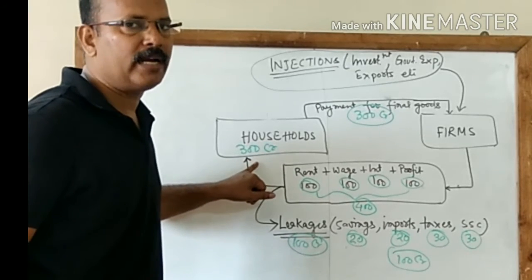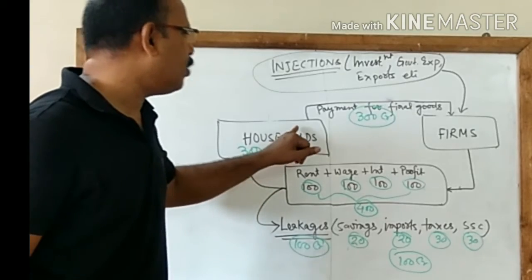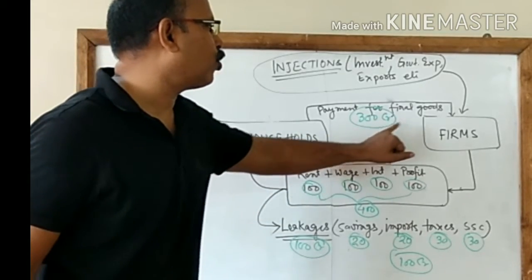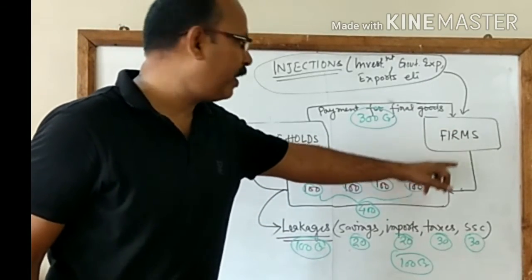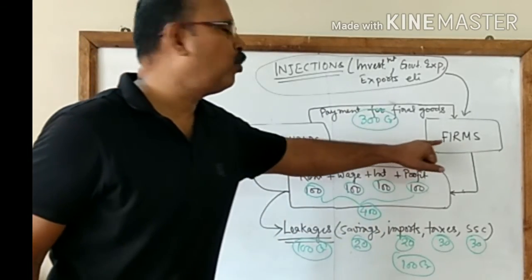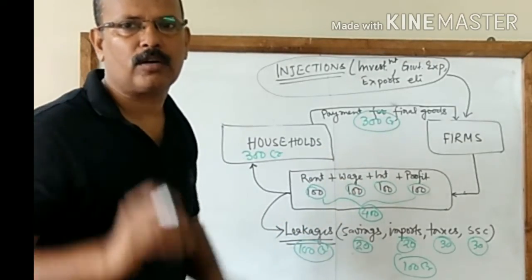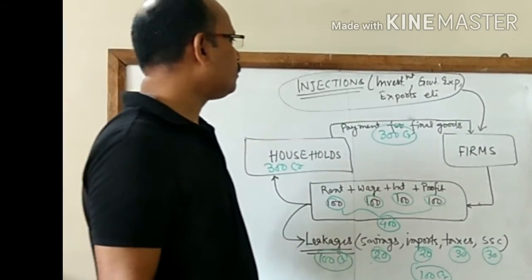The households have got 300 crore rupees, so they will spend 300 crore rupees to the firms. The firms paid 400 crore but in return will be getting 300 crore rupees. So 100 crore rupees is the leakage out of circular flow of income.